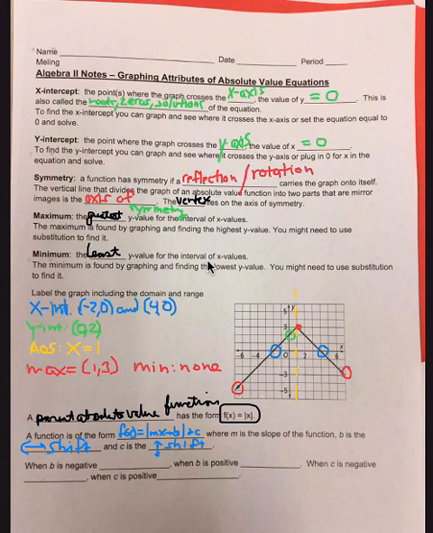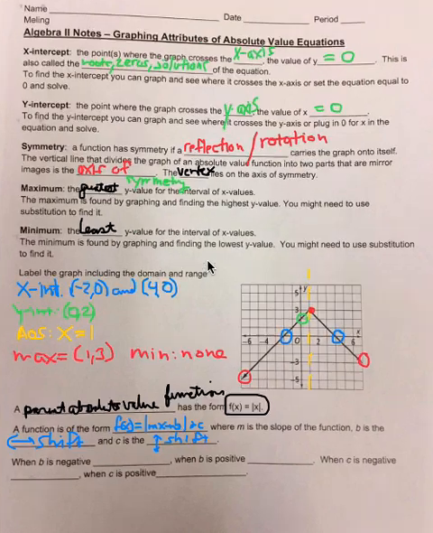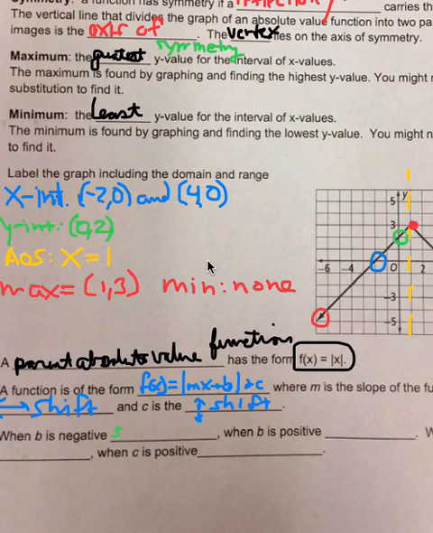When b is negative, so here's where you need to remember, inside the absolute value, you have to think opposite. When b is negative, shift right. That's opposite. When it's positive, shift left.